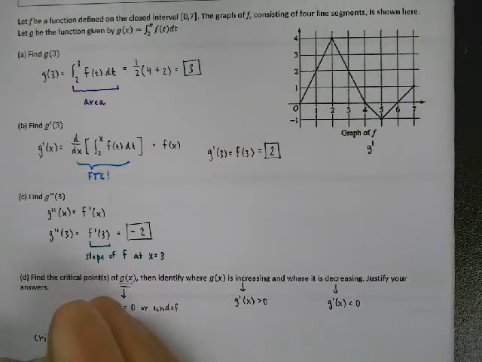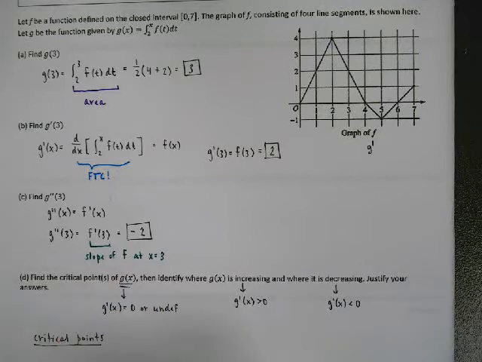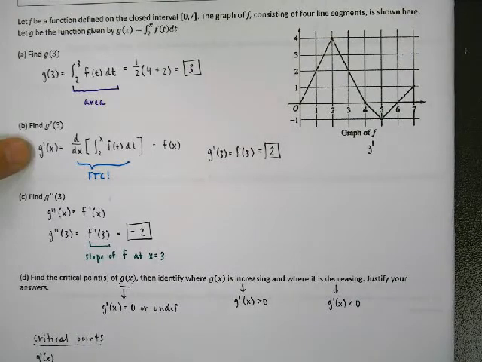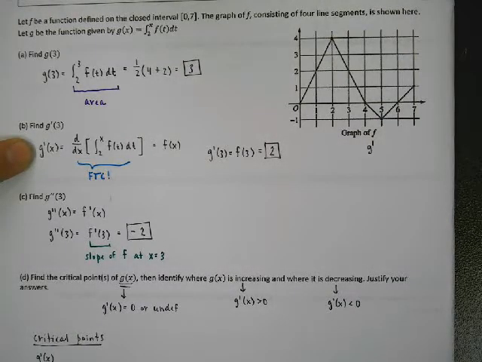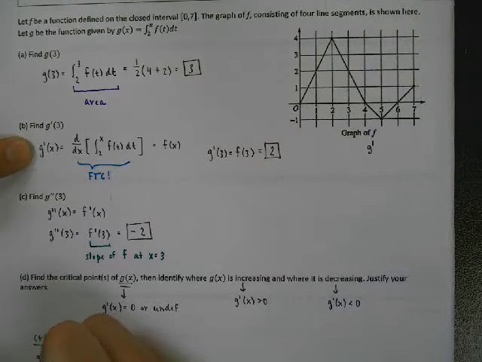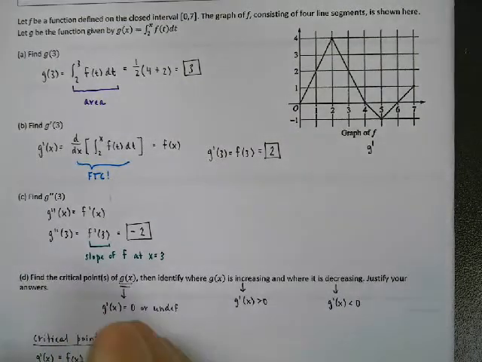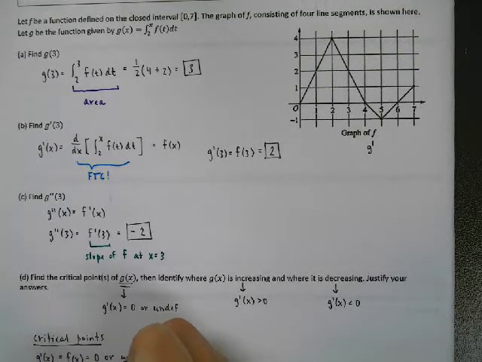So my critical points, I said, is where g prime of x is equal to 0. But now here I want to stop and think. We found up here in part B that g prime of x is really just equal to f of x. So what I'm really looking for is where f of x is equal to 0 or where it's undefined.